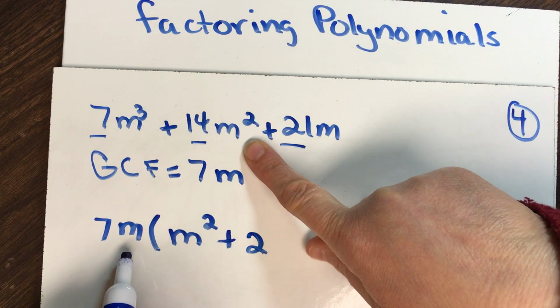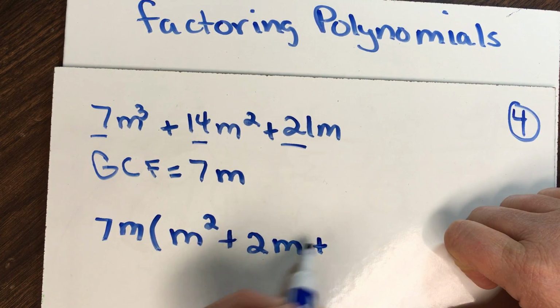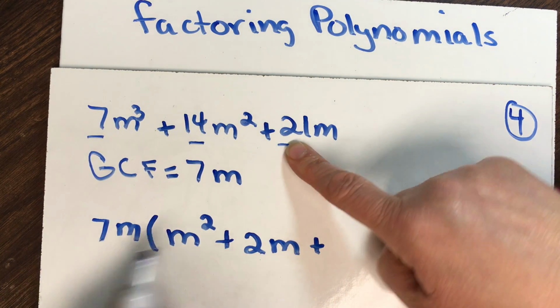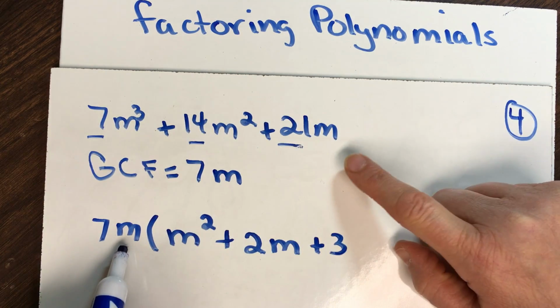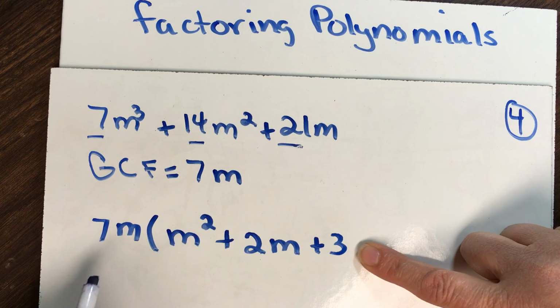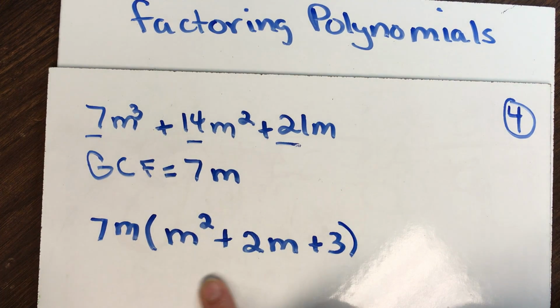Now I'm going to do my variables, and I'm left with 1m. Then I'm going to go to my next term. 7 into 21 is 3. m into m is just 1, so we can leave it as 3. So this is our answer.